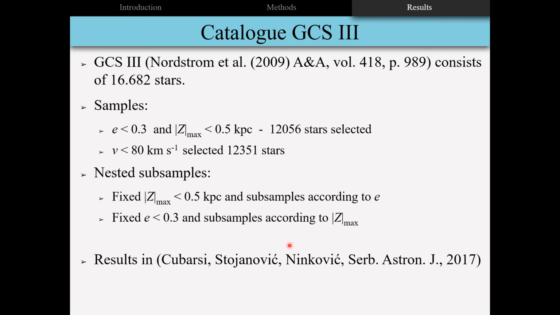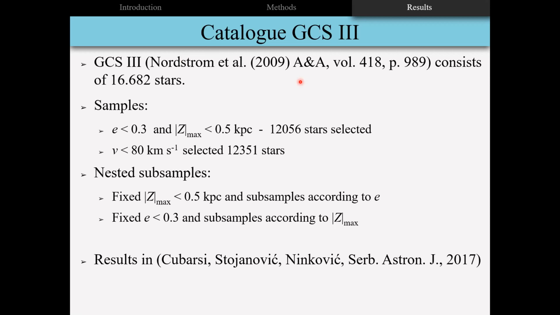In order to do this, we needed a bigger sample of stars, of course, a realistic sample. We chose the Geneva-Copenhagen survey, which was presented by Nordström in 2009. This catalog consists of 16,682 stars.